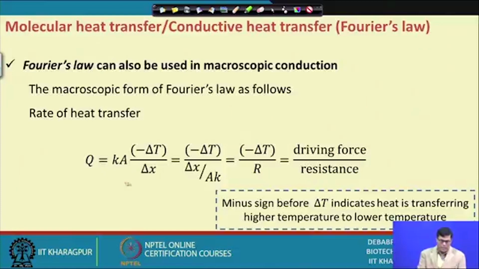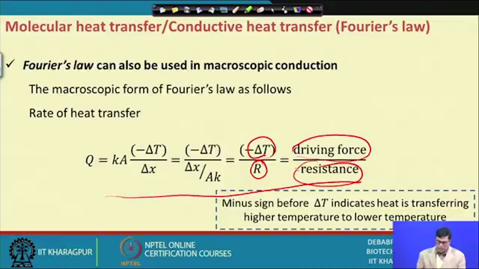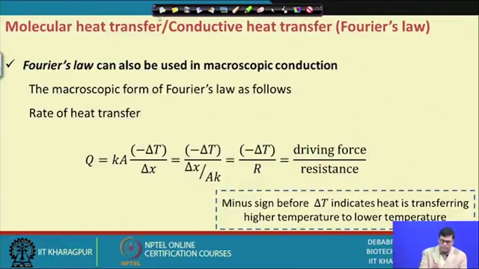So we want to express the equation in that same form, that Q equal to delta T by R, where R is the resistance, and this resistance is nothing but delta x by A into K. So the driving force is the temperature difference, and the resistance is nothing but delta x by A into K.